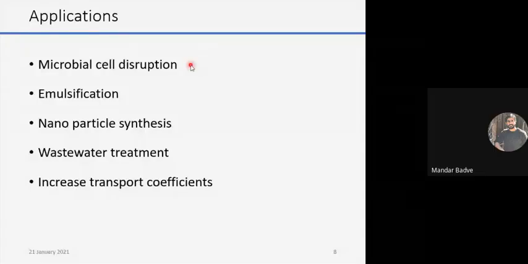Therefore it gets treated, right? So we'll see a number of case studies where we utilize hydrodynamic cavitation for wastewater treatment, and because of the high shear or high velocity jets, it can also be utilized for increasing transport coefficients, for example, heat transfer coefficient or mass transfer coefficient, right?